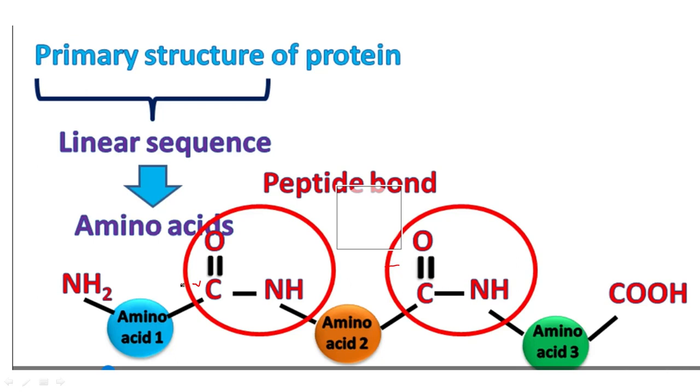So what is the whole configuration of that? On one end there is a nitrogen end, and on the other end there is a carbonyl end. These are the two terminals of the linear sequence of amino acids that is called the primary structure of proteins.